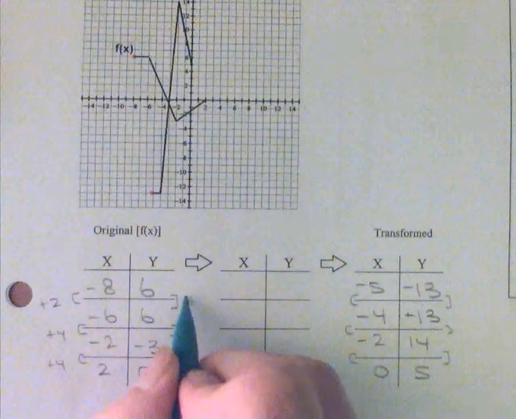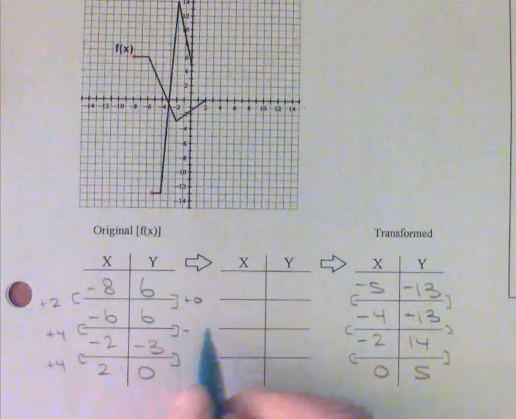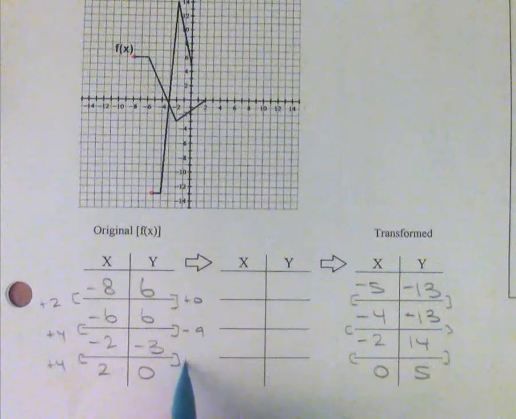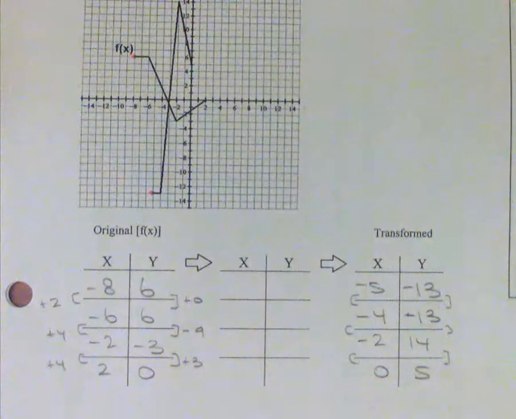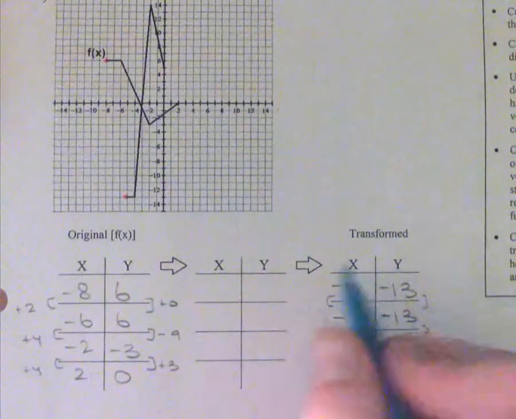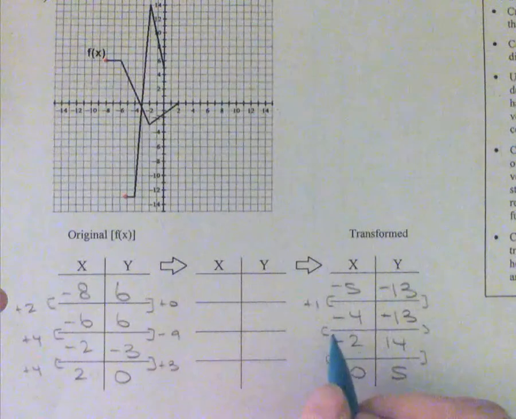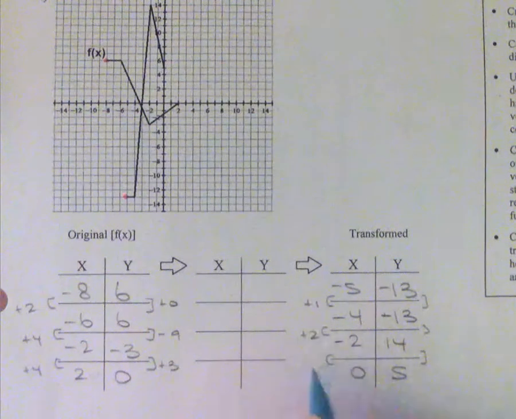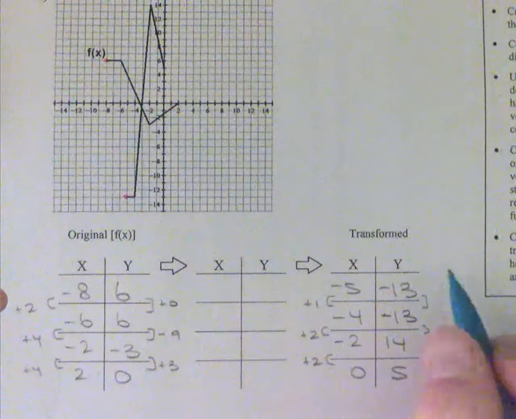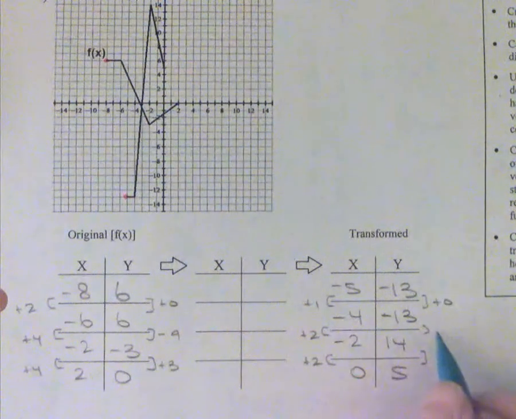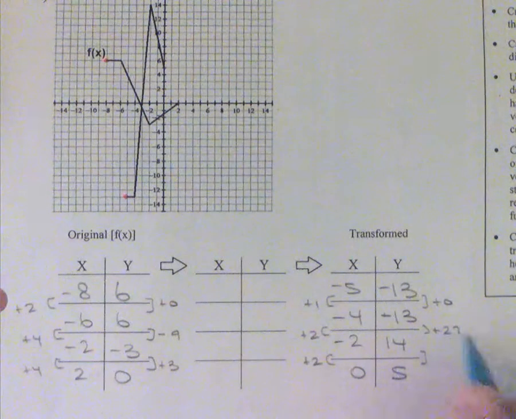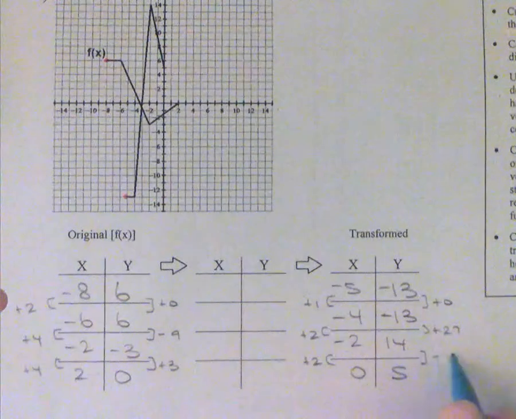And over here I add 0, I subtract 9, and I add 3. If I look here, I add 1, I add 2, I add 2. I add 0, I add 27, and then I subtract 9.